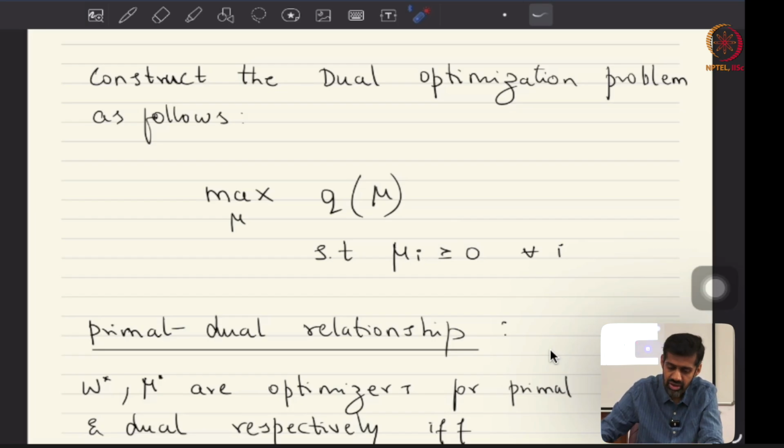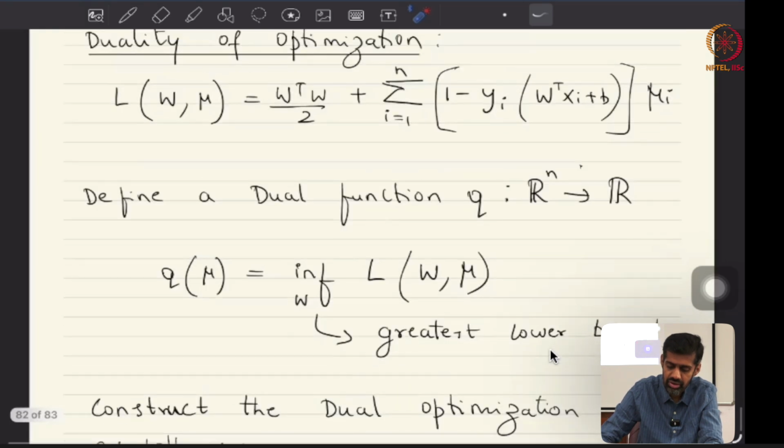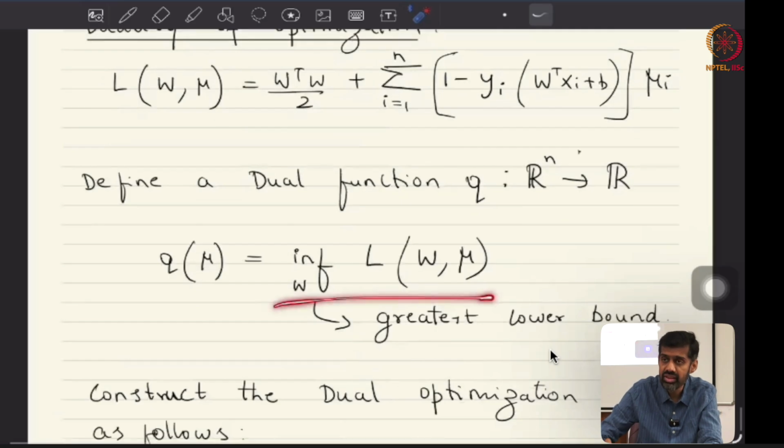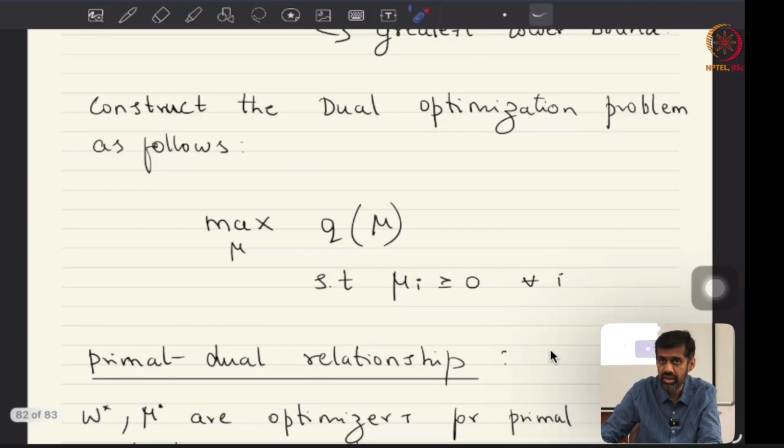That's where we were. The definition of a dual optimization problem is that first we have to solve this infimum problem: you take the Lagrangian and solve the infimum problem to get what is called the dual function. Once you get the dual function, construct the dual optimization problem as the maximization of the dual function with respect to the Lagrange multiplier.